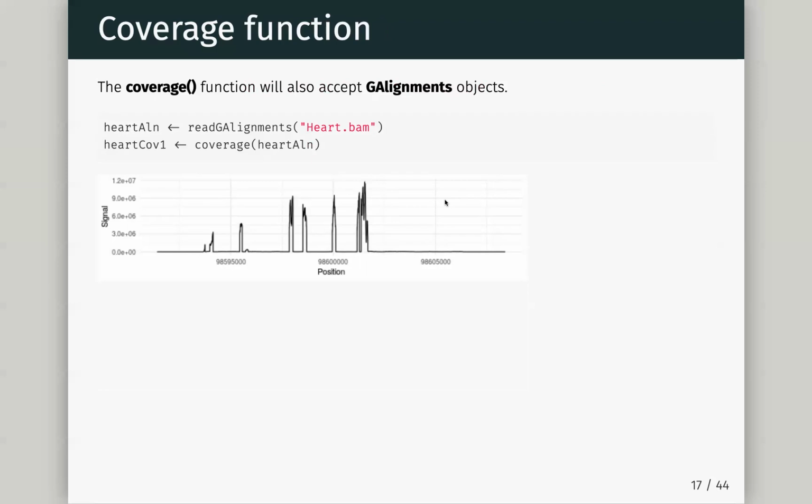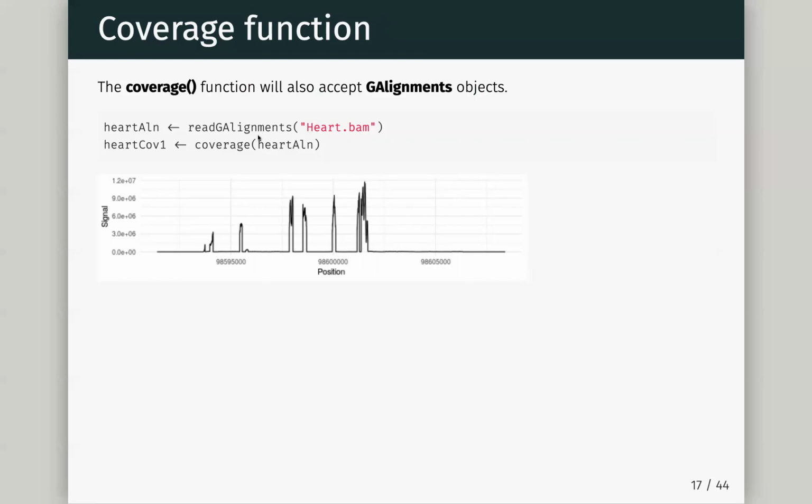The coverage function also accepts multiple inputs. It also accepts the GA alignment object itself. So you may want to do a little bit of manipulation post-BAM, and a really obvious thing is to extract the reads on the positive strand versus the negative, because then you can get strand-specific expression.